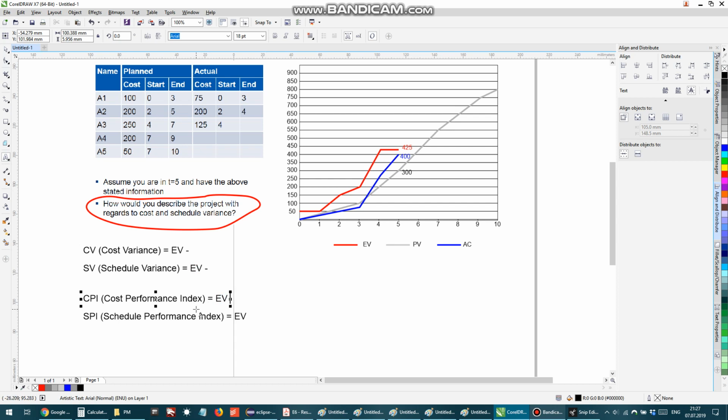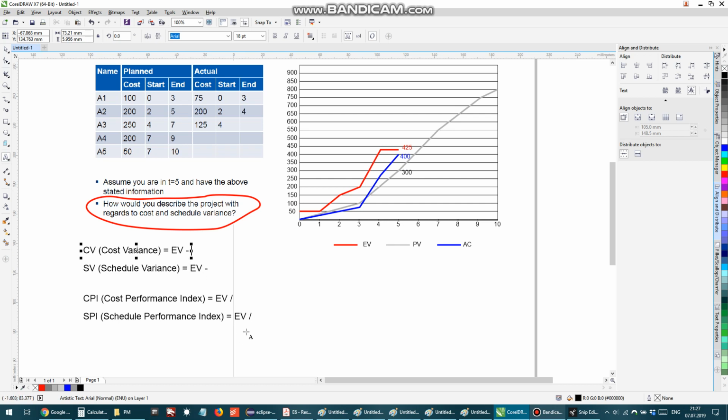Index between two numbers, performance index, is a division. Here's a division. Now the only question is, until this point, you can learn everything by heart. Like this is CV, cost variance, because it is variance, these two are because of variances, they are minus, because there are two indexes, that's division and division.